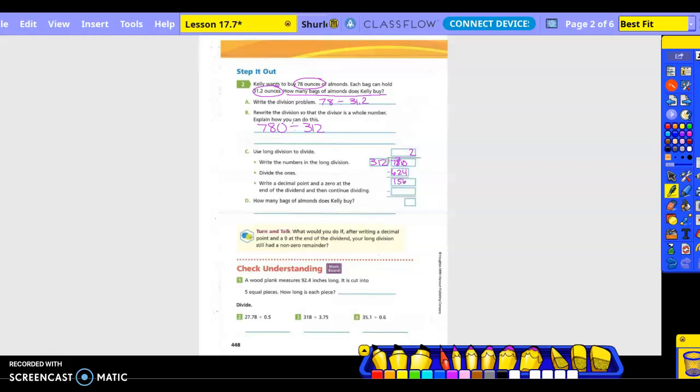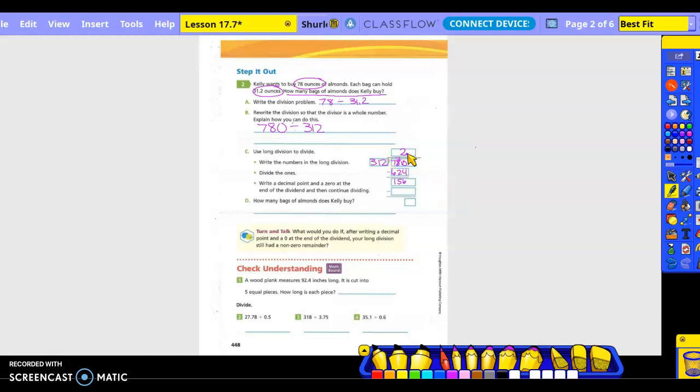Is that correct? Okay, now, like I said, since I moved that over, I have to keep this 2 above the 0. What should I have done before I started though? I should have put a decimal right here, especially since we're talking about adding zeros, right? And I need to bring my decimal straight up here.